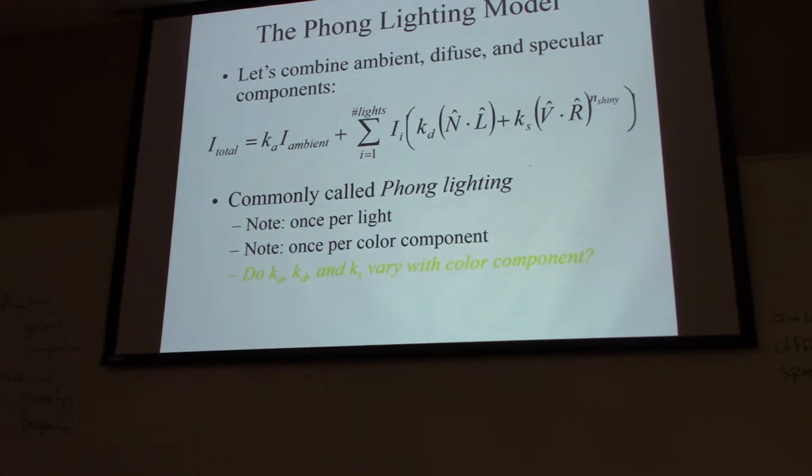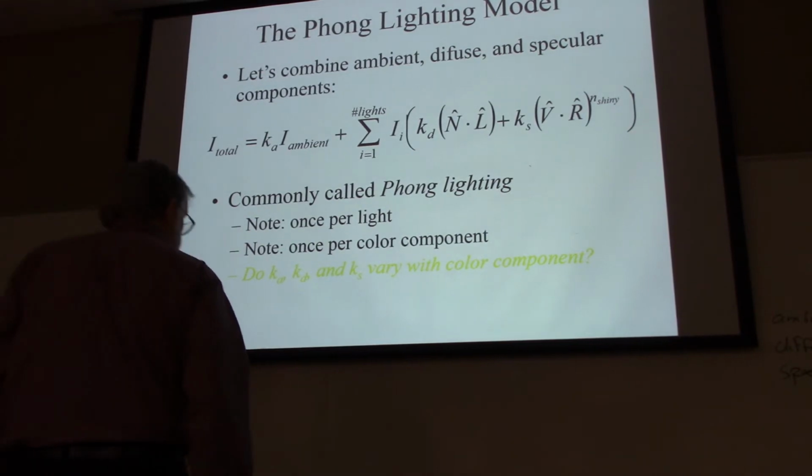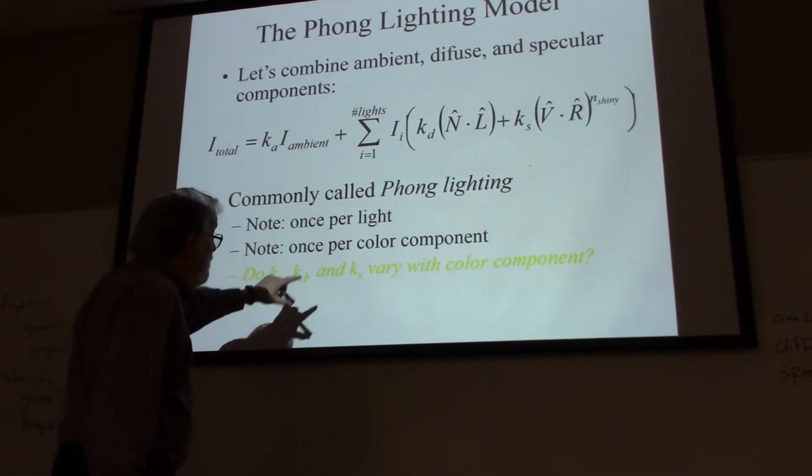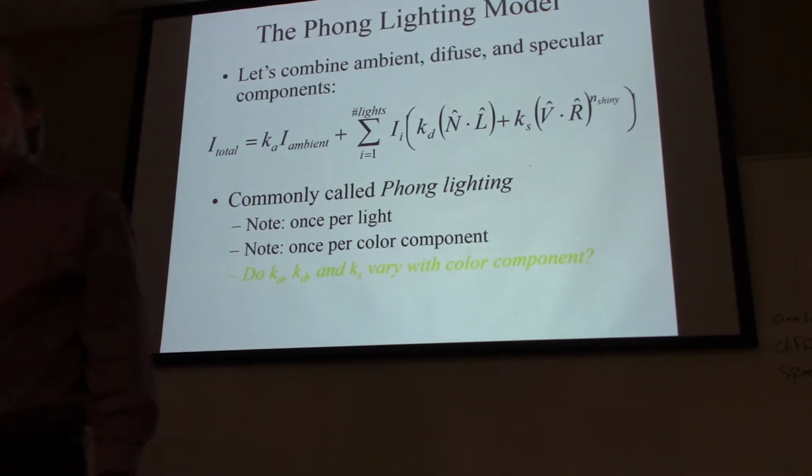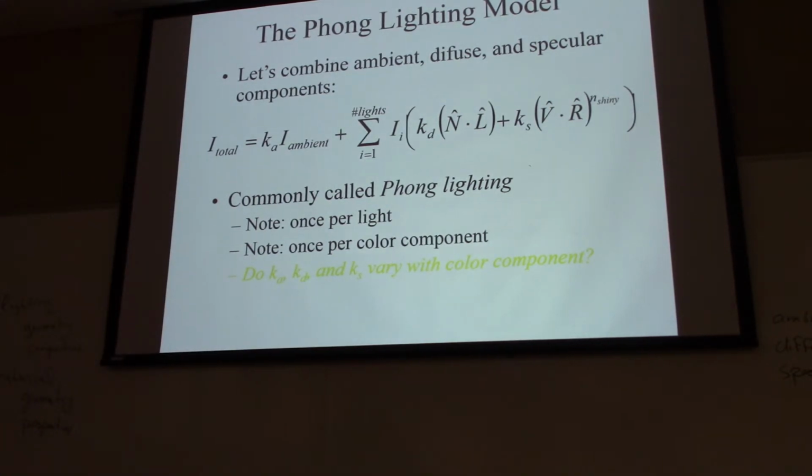The latter two have to be summed over the number of light sources in the scene, so it can be a significant amount of calculation. We also emphasize that all of these reflectances and the illumination depend on color. The way that's handled is you do the calculation in red, in green, and in blue, and then you look at the RGB value of the final result.